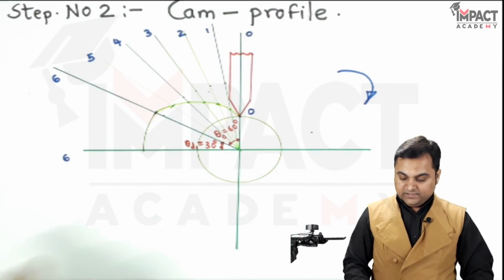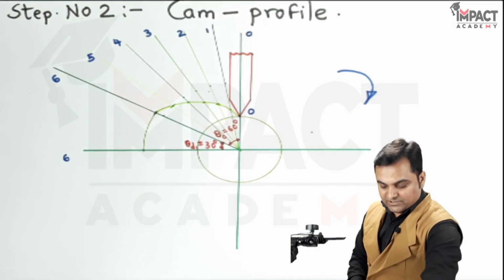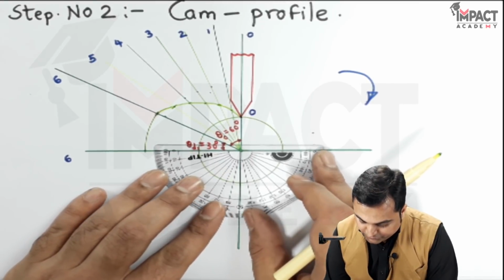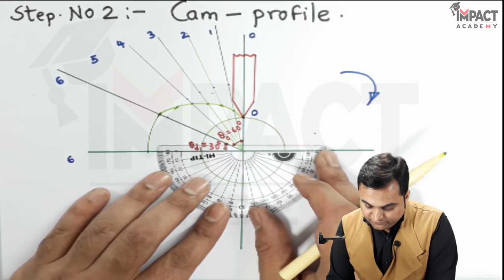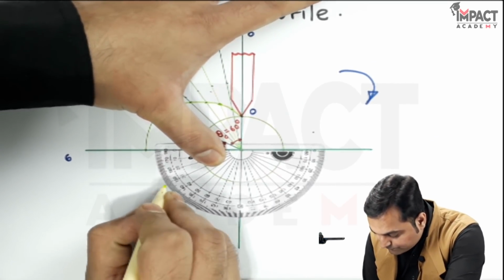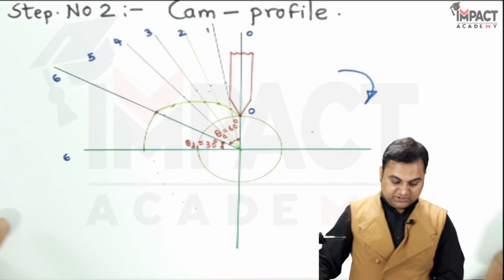Then after that, there is return stroke of 60. So again, I'll be measuring 60 degree and dividing it into 6 equal parts, like I have done for the outstroke. Taking 60 degree and dividing it into 6 equal parts.